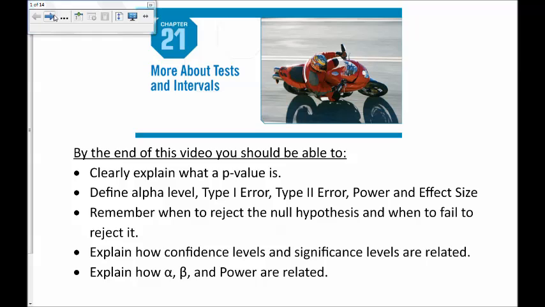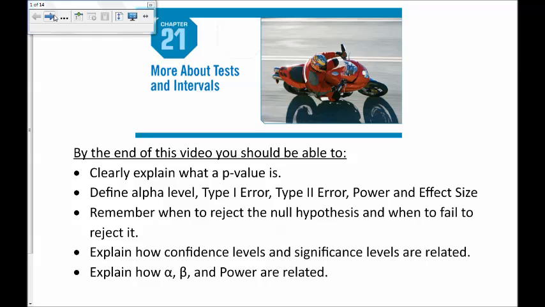By the end of this video, you should be able to clearly explain what a p-value is. You should also be able to define these words: alpha level, type 1 error, type 2 error, power, and effect size. There's lots of vocabulary in this chapter.